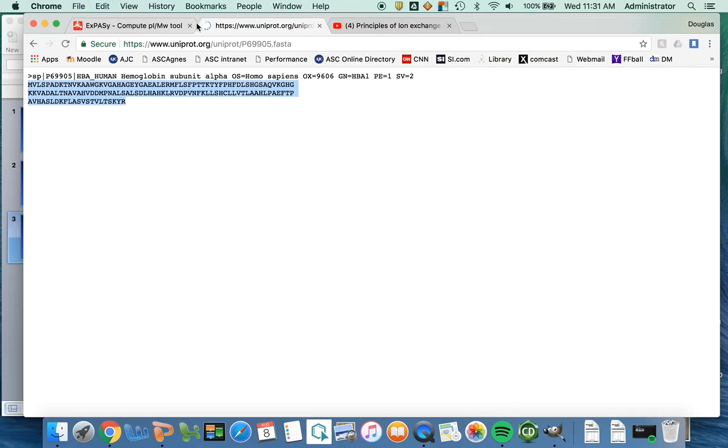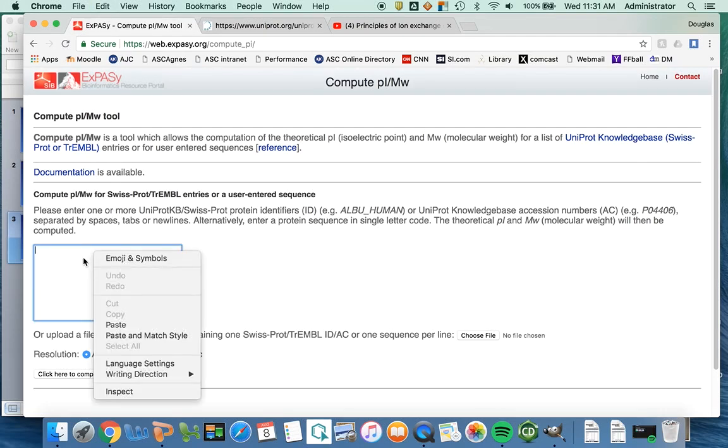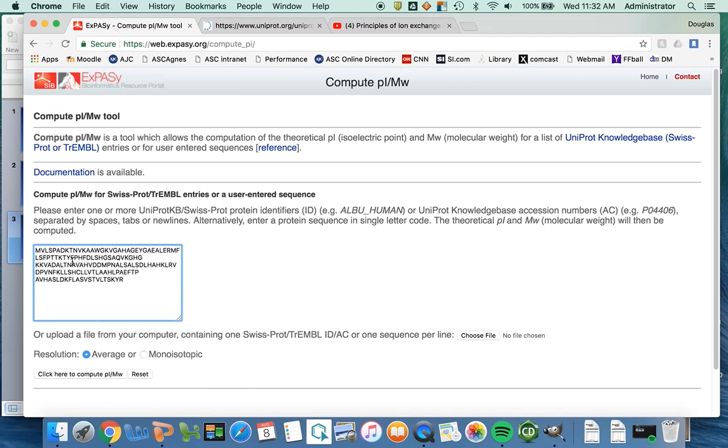I can copy this, and I can go to another program where it will look at the different R groups of all the amino acids that I've input here for hemoglobin, and it will predict a PI, right? It will predict the isoelectric point. So let's see what it says.